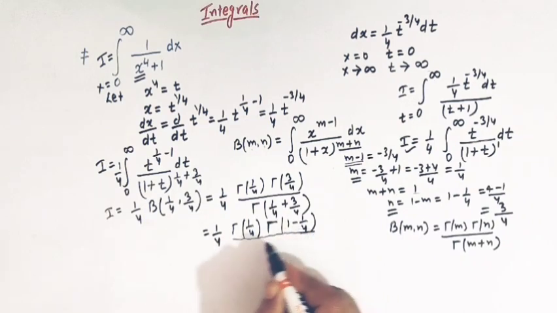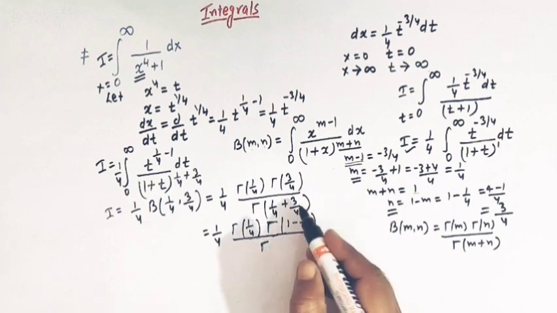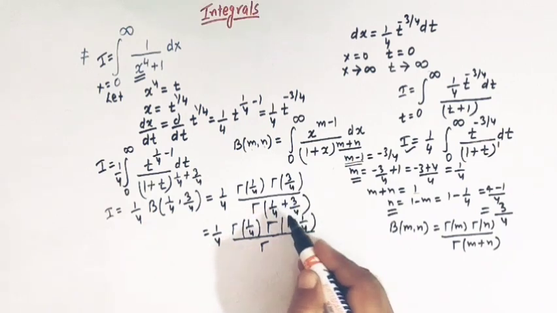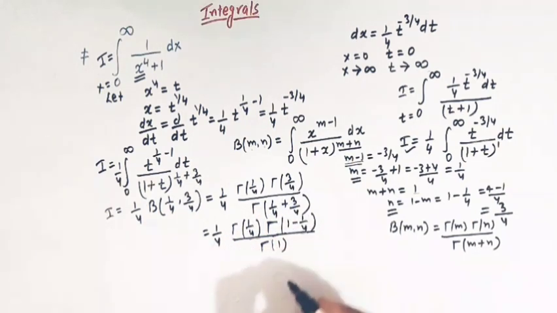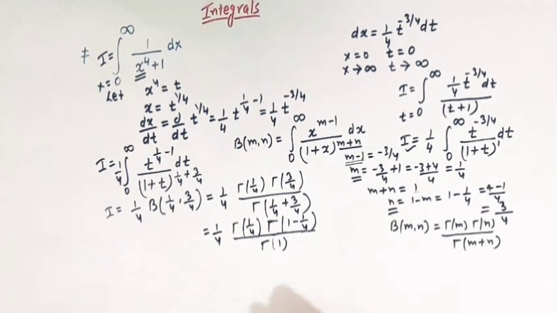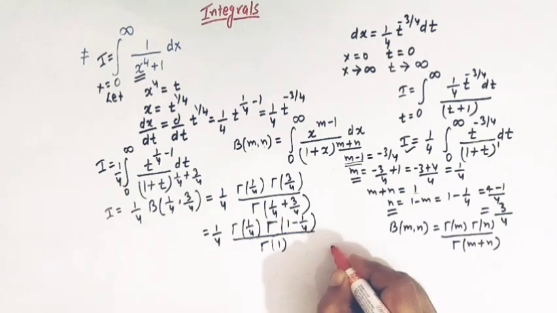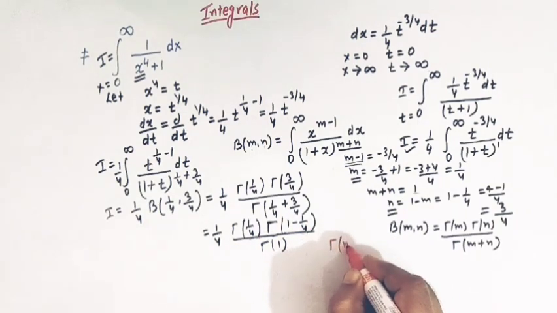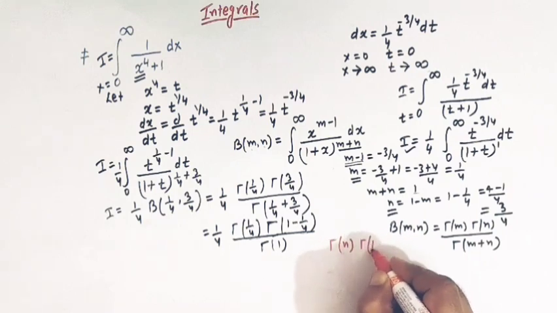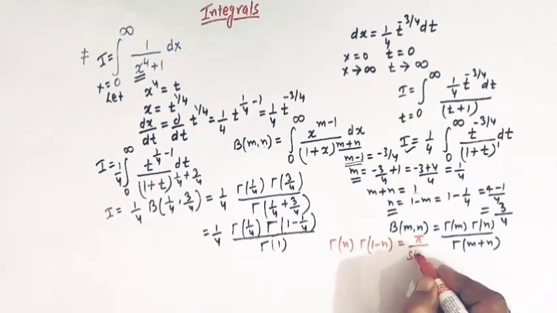So now we have here in the denominator gamma of 3 plus 1 over 4, 4 over 4 is 1, so gamma of 1. So now the Euler's reflection formula reads like this, that is gamma of n, gamma of 1 minus n is equal to pi over sine n pi, right?